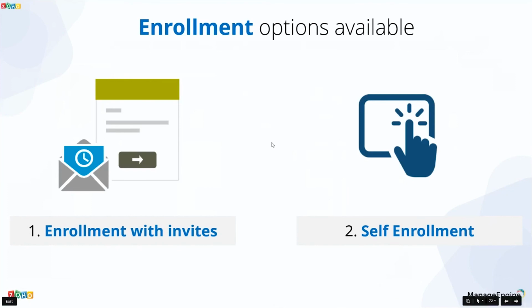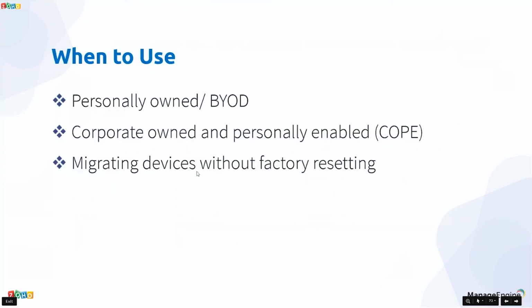The benefit of going through email or SMS invites is that, as I mentioned, it can be used when devices are personally owned, like a BYOD device, an employee's own phone, which they need to register within the solution in order to get corporate apps or to have a corporate space or container created on the device.